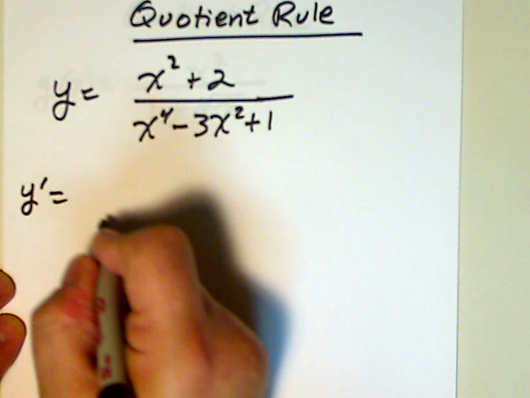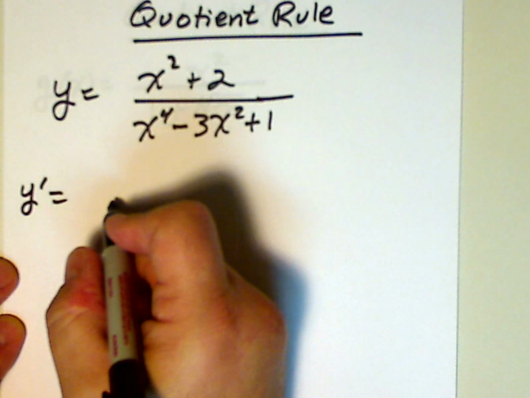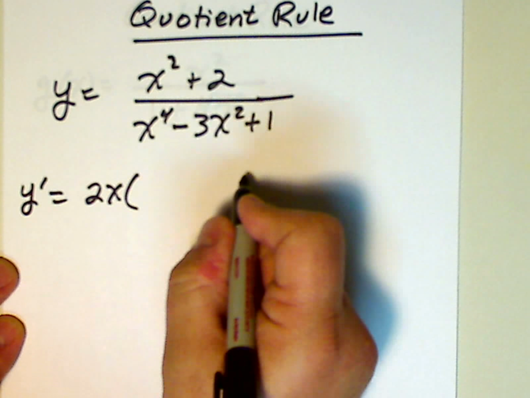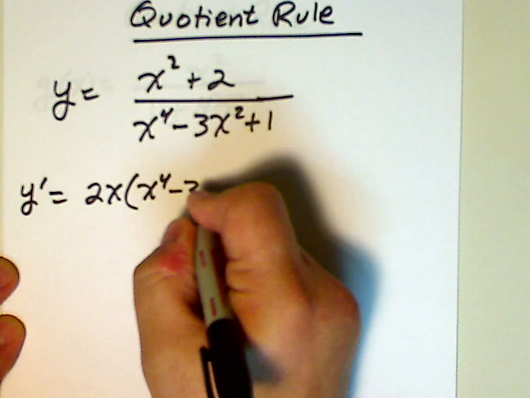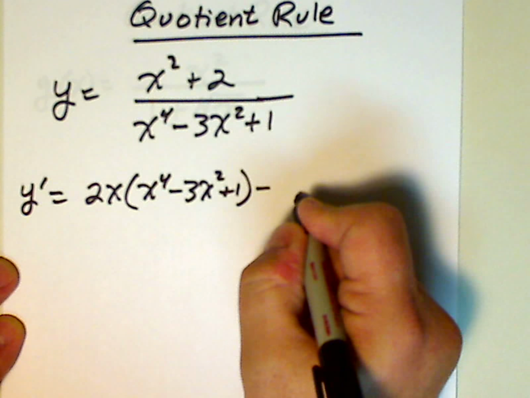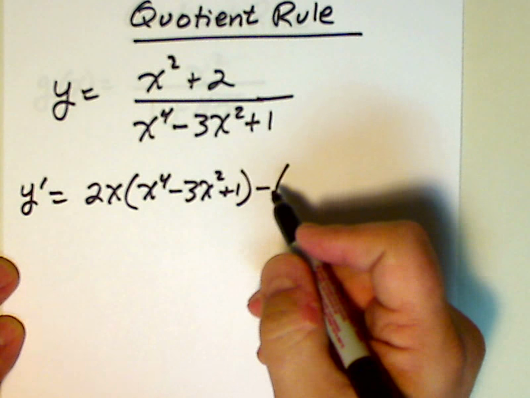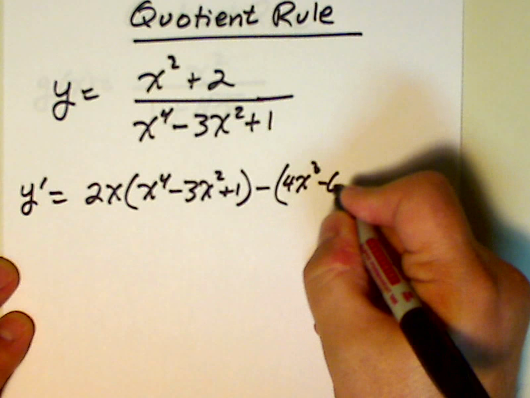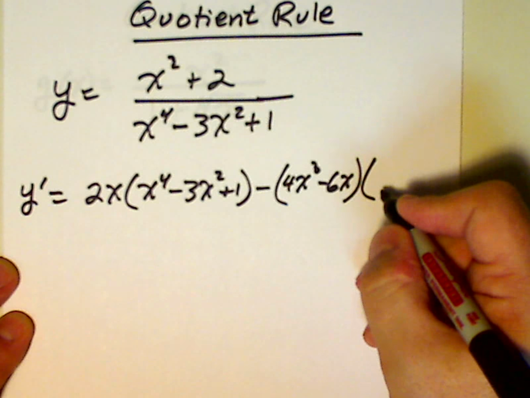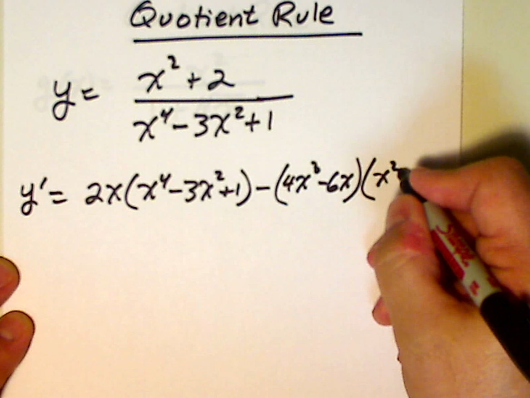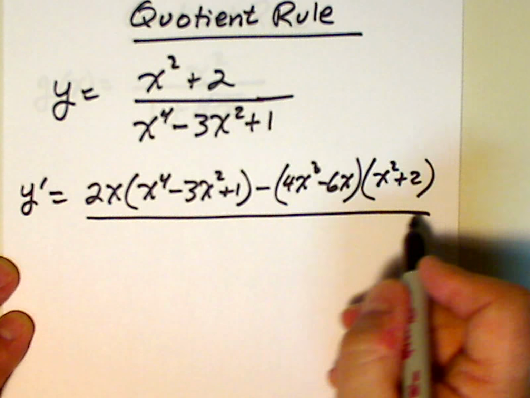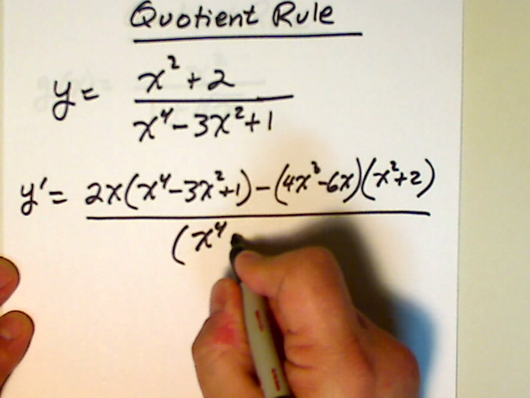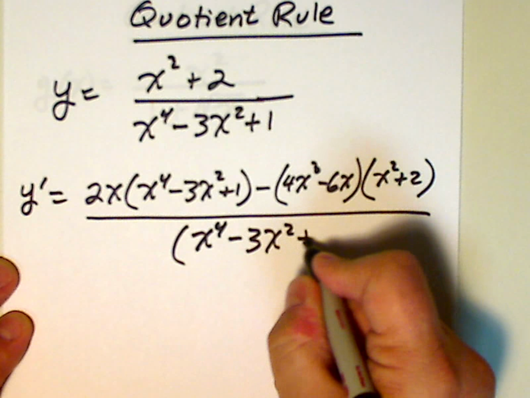Y prime, well, it's the derivative of the numerator, so it's going to be 2x times the denominator, which is x to the fourth minus 3x squared plus 1, minus the derivative of the denominator, which is 4x cubed minus 6x, times the numerator, which is x squared plus 2. Look at that, I got it all in one line. Divided by the denominator squared, x to the fourth minus 3x squared plus 1.